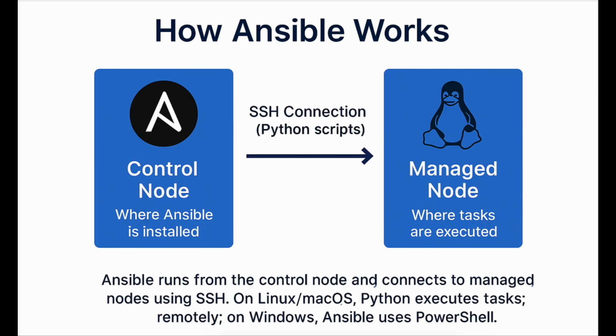Let's say your playbook installs Nginx. The first time you run it, Ansible checks, is Nginx already installed? If not, it installs it. But if you run the same playbook again, Ansible checks and says, oh, Nginx is already there and configured correctly.